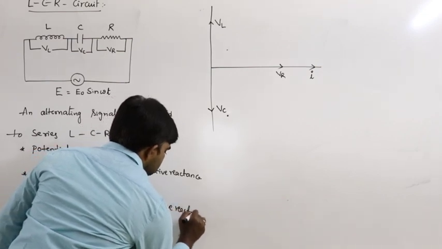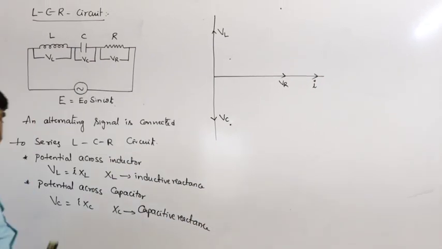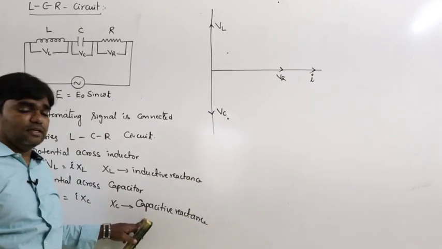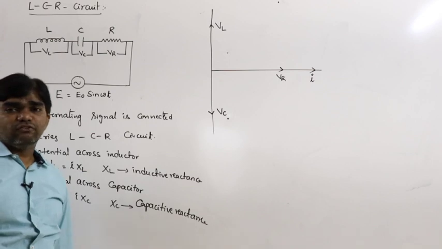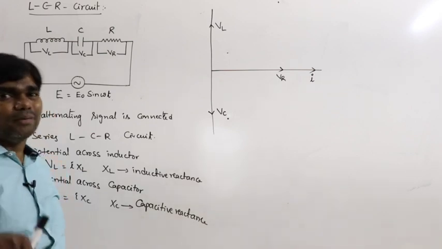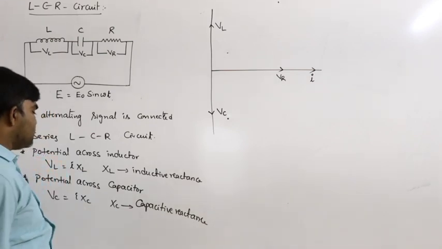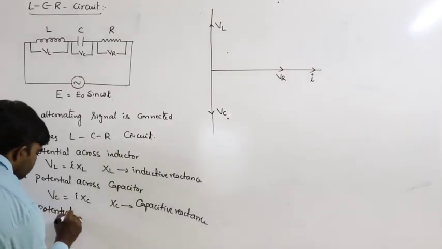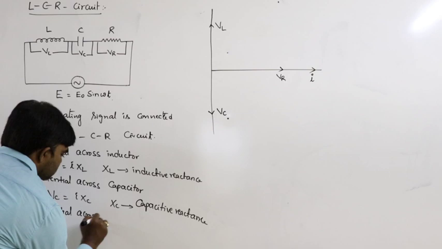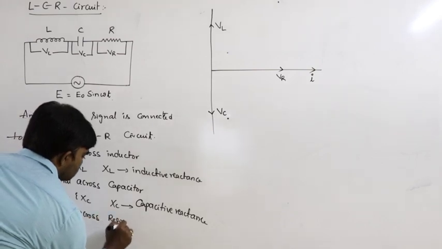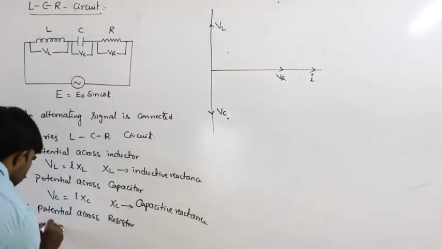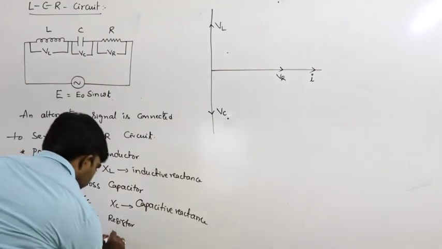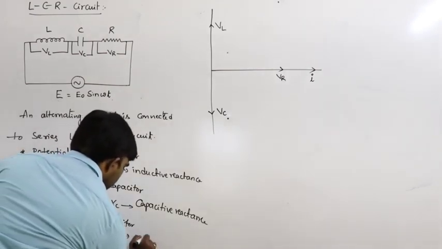All of you know about this, but once we recall: the opposition for the flow of alternating current through the capacitor is called capacitive reactance. Resistor, potential across resistor: VR is equal to IR, where R is the resistance.